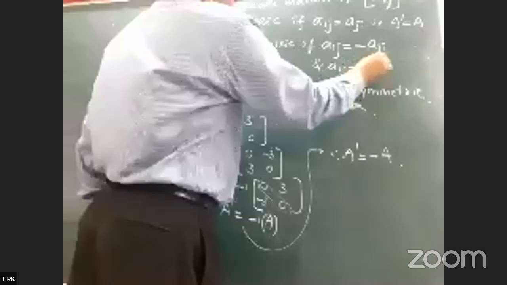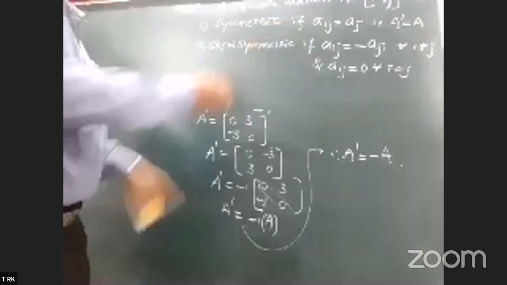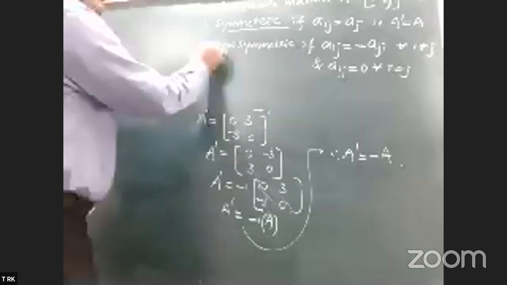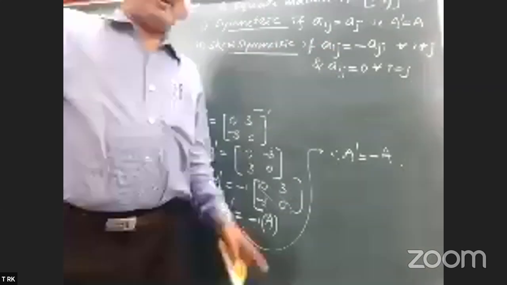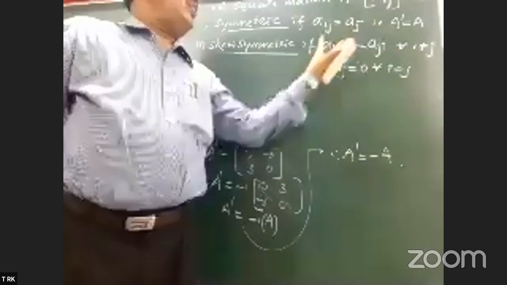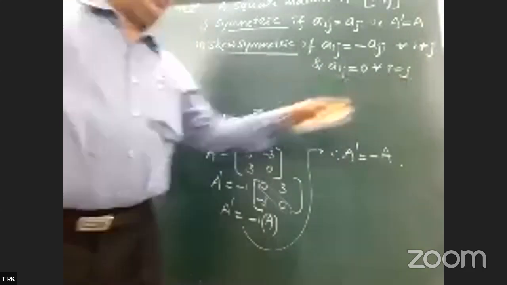So one can define in the notation: for symmetric, Aij is equal to Aji, and for skew symmetric, Aij is equal to minus Aji for all i not equal to j. That is, elements on either side are of opposite sign, and diagonal elements are zeros.